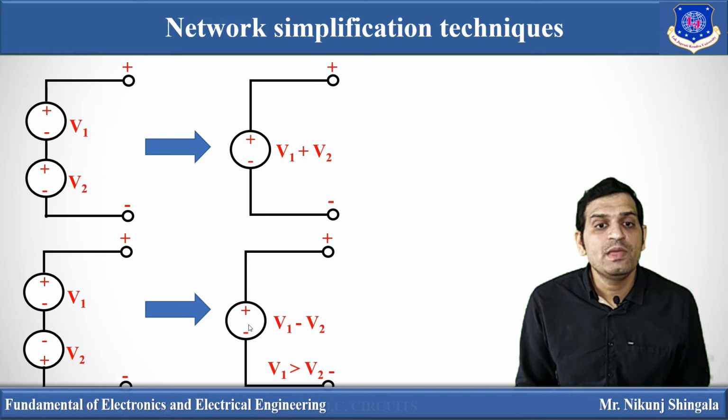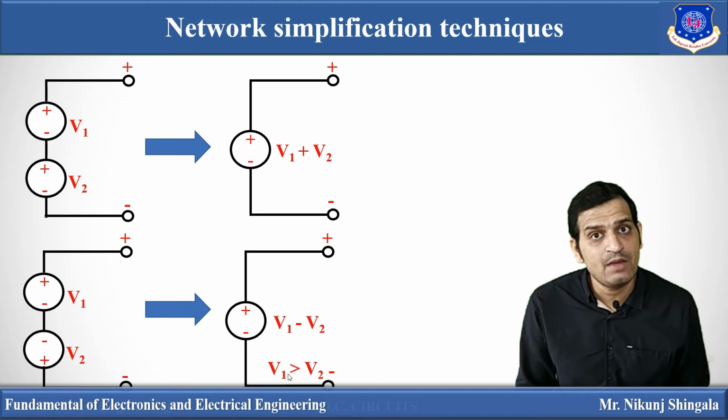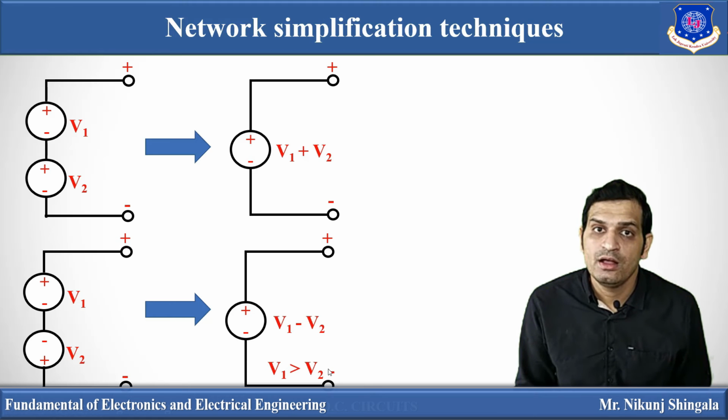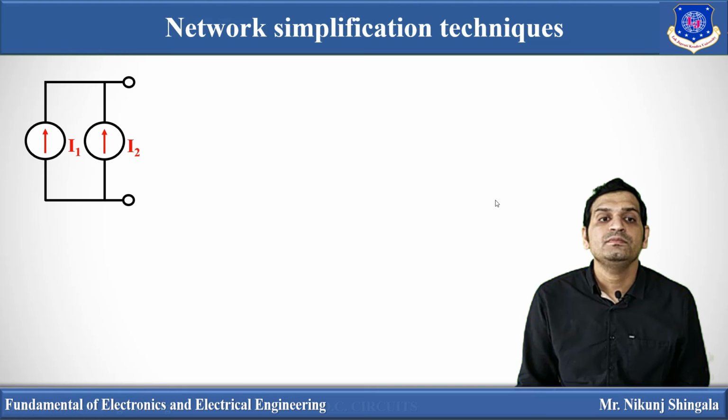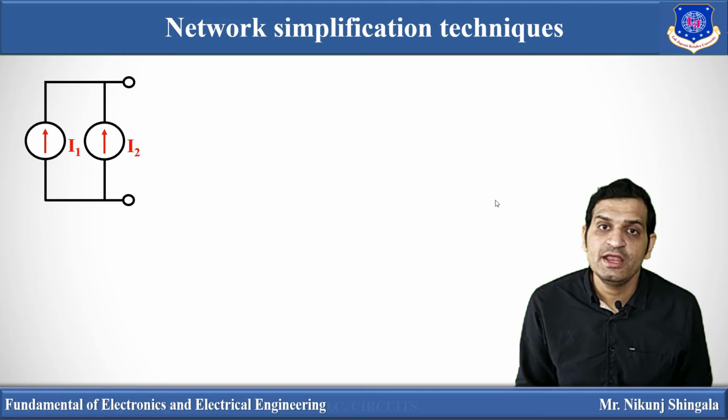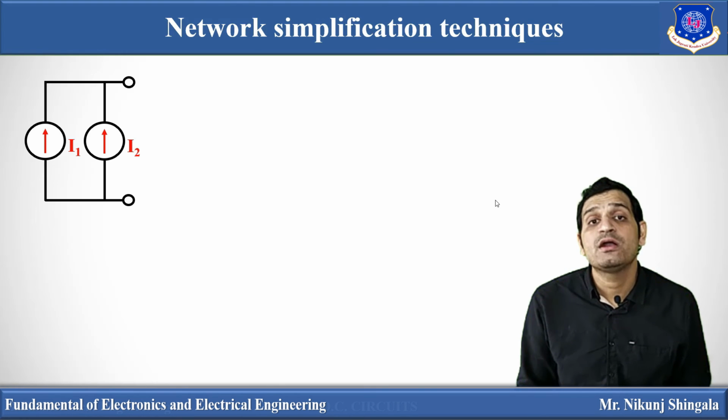Now the polarity of the voltage source V1 should be considered because it has higher potential compared to the other voltage source, that is V2. Next one, two current sources are connected in parallel. When current sources are connected in parallel, they are added.